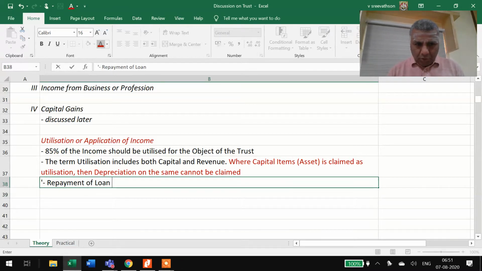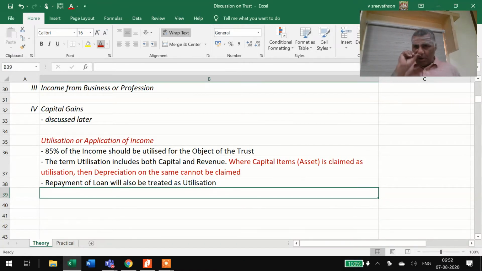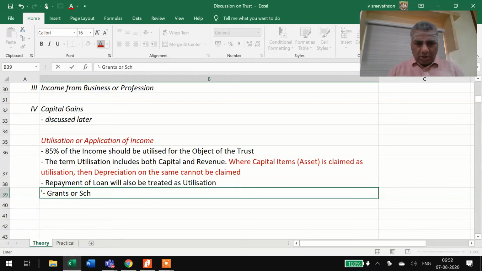Repayment of loan will also be treated as utilization. Obviously, from your voluntary contribution, from your income from property only, you will repay the loan. So repayment of loan will also be treated as utilization. Grants or scholarship provided will also be treated as utilization.